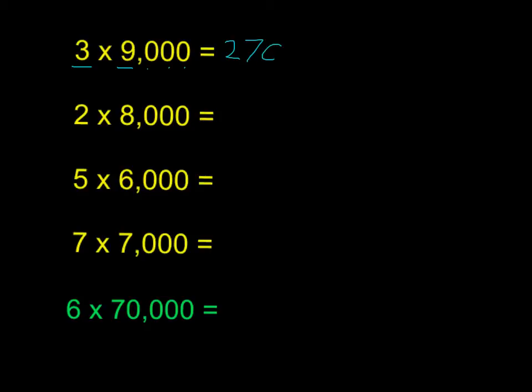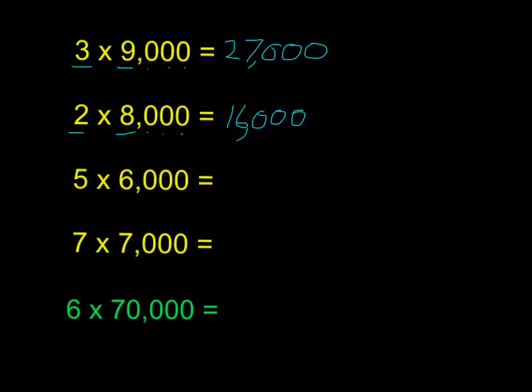I'm going to add 3 zeros, which is going to give me 27,000. On my next one, I have 2 times 8. 2 times 8 is 16. I have 1, 2, 3 zeros. That gives me 16,000, because 2 times 8,000 is going to be 16,000.